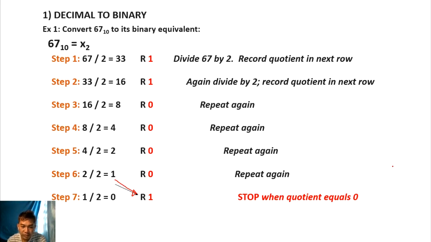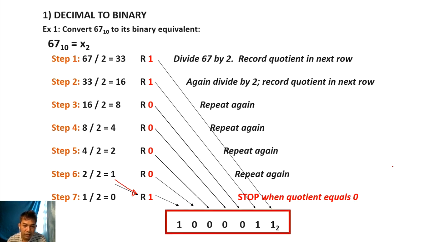So with the result, we can actually say that it is 1 0 0 0 0 1 1. So itong first remainder natin sa step 1, ito yung least significant bit, LSB. Tapos yung last remainder, ito naman yung MSB or most significant bit.